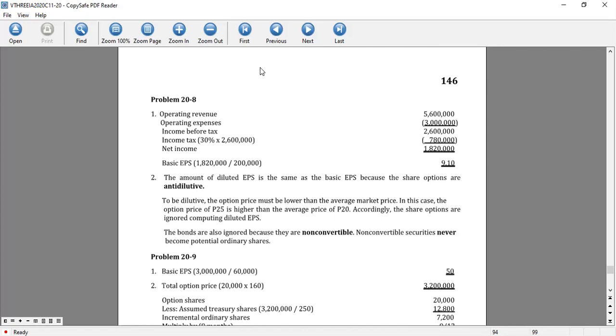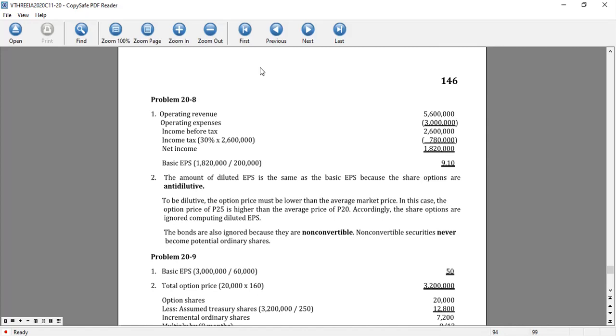Second, we are going to compute for diluted earnings per share. The amount of diluted earnings per share is the same as the basic EPS because the share options are anti-dilutive. To be dilutive, the option price must be lower than the average market price. In this case, the option price of 25 is higher than the average price of 20.